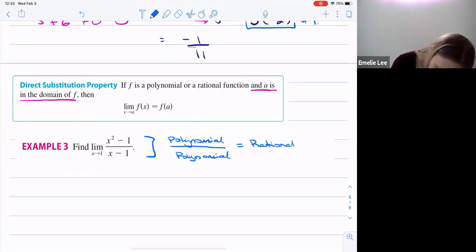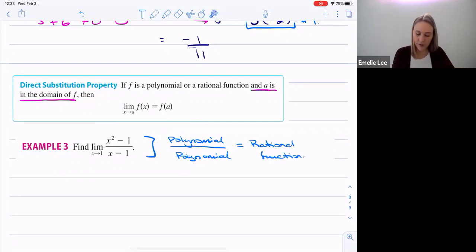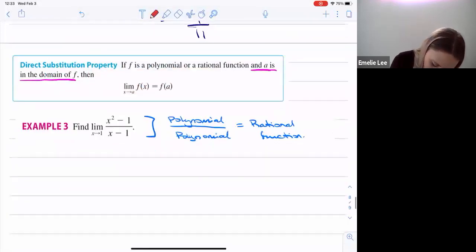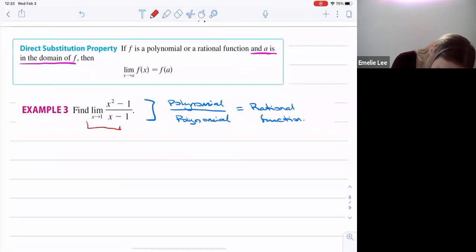That's what it's called. So it does fit into this category, right? But the problem is that a has to be in the domain. And x equals 1 is not in the domain, right? And so here I'll do it in red. Notice x equals 1 is not in the domain.